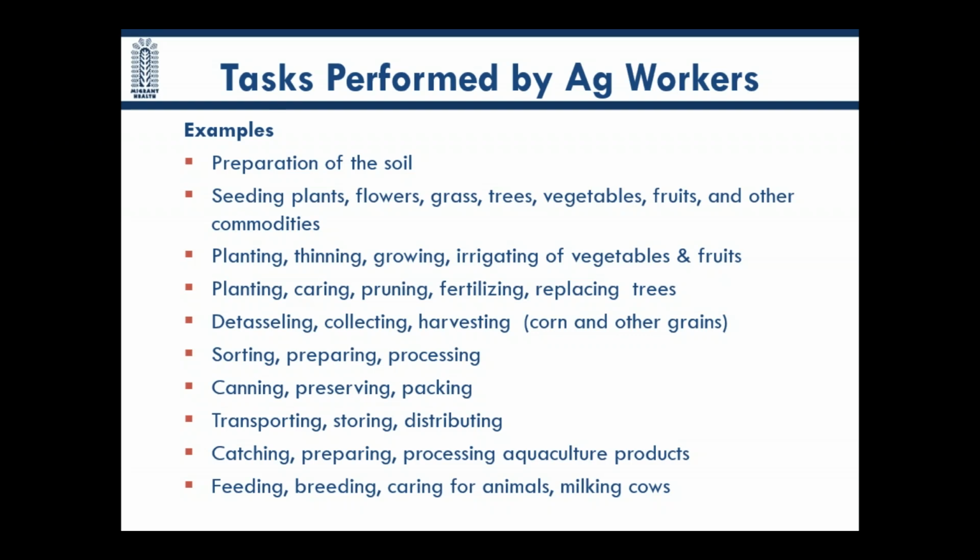So a helpful tip to better identify your ag worker population is to become familiar with the tasks and maybe even have a cheat sheet at your front desk that has what the local industries and the tasks are, so your front desk staff can kind of guide the conversation with your patients.